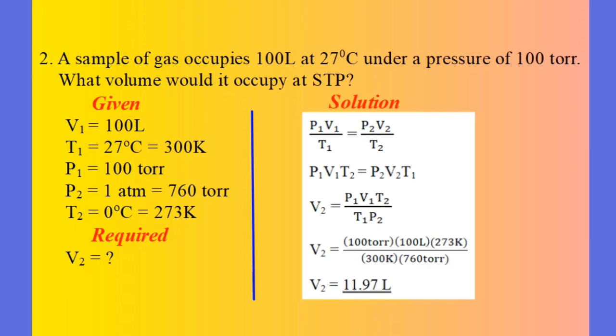At STP, the temperature of gases is 0 degrees Celsius or 273 Kelvin, and the pressure is equal to 1 atmosphere.